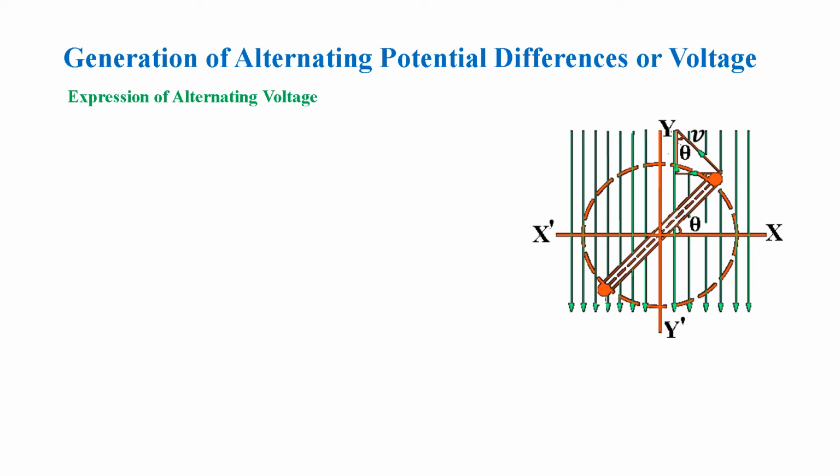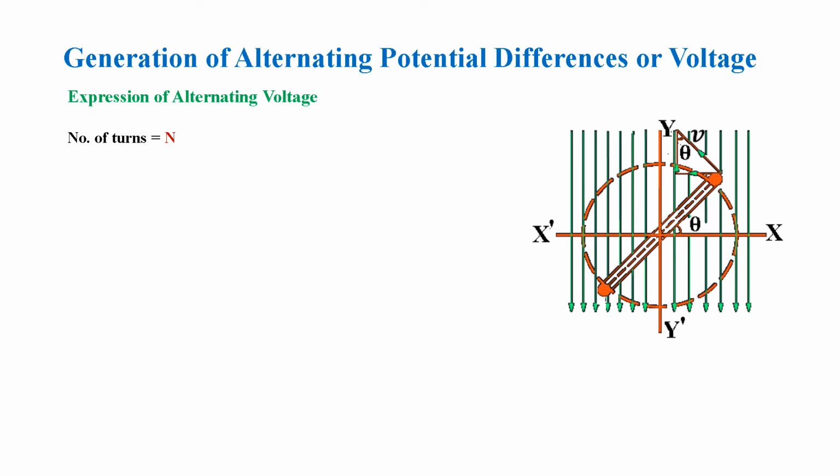Another way you can find the expression of alternating voltage or induced EMF is by using the common formula of induced EMF equals BLV, where again n is the number of turns, rotating in a magnetic field.